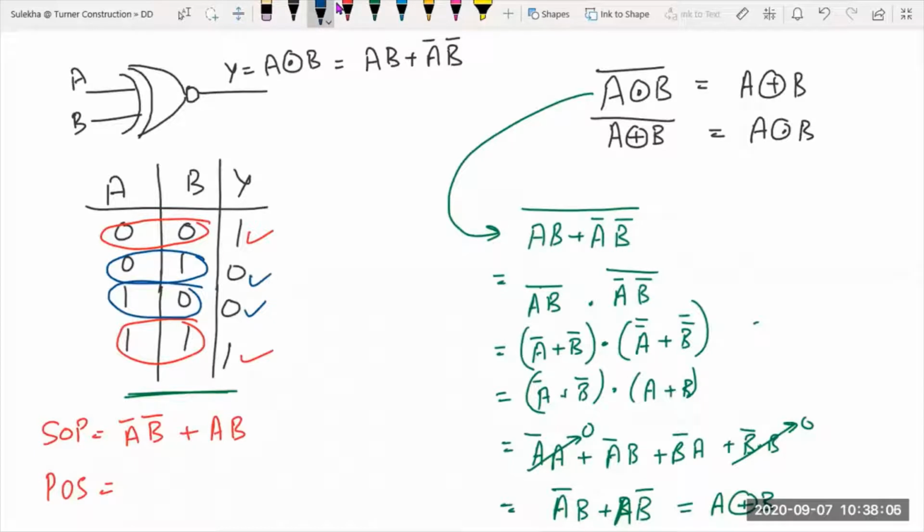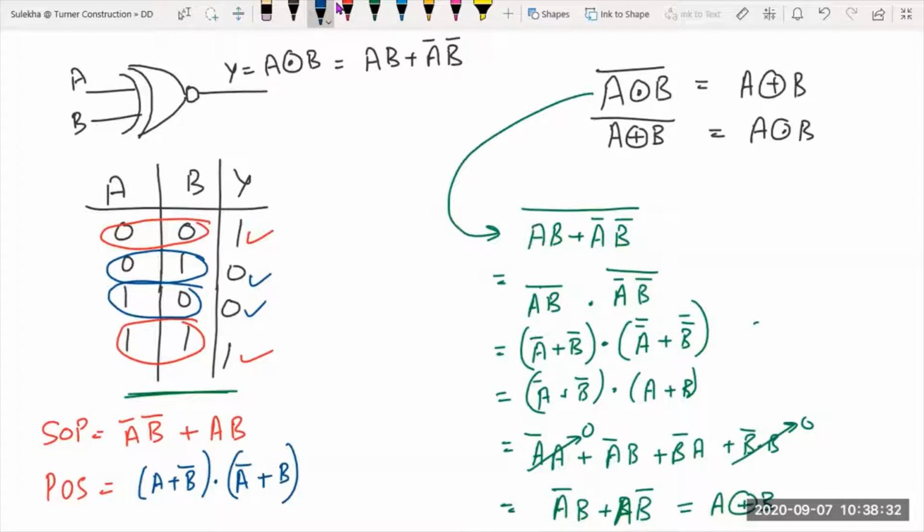For the first one, A is 0, B equal to 1, you will get A plus B bar. And dot, for the second one, A equal to 1, B equal to 0, you will get A bar plus B. These are the expressions in SOP and POS form for the XNOR gate.